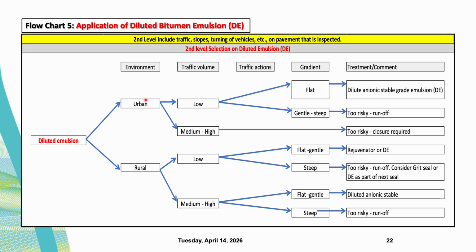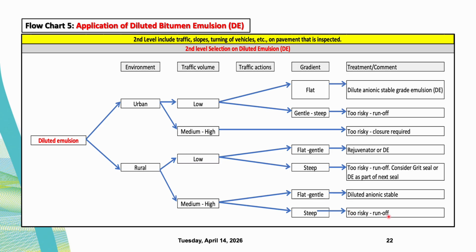If the condition that you want to treat is in an urban environment, you've got low traffic, you've got a flat gradient, you just use a dilute anionic stable grade emulsion, diluted emulsion. That is the treatment there. If you're in a rural area, you've got medium to high traffic volume, and it is steep, too risky. Do not use diluted emulsion. It is too risky.